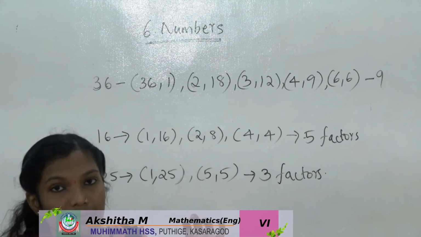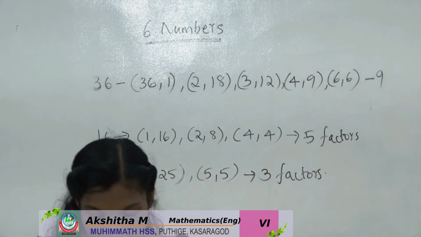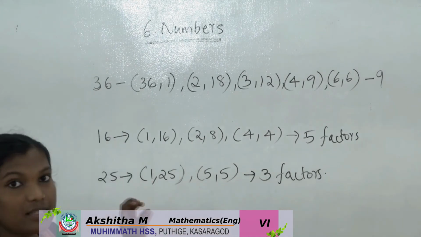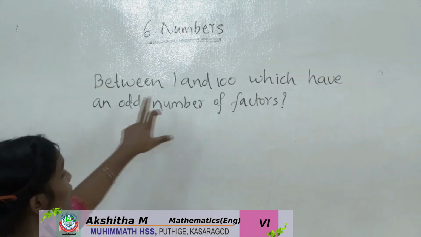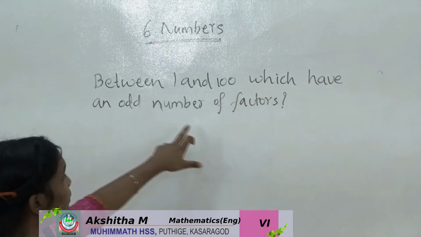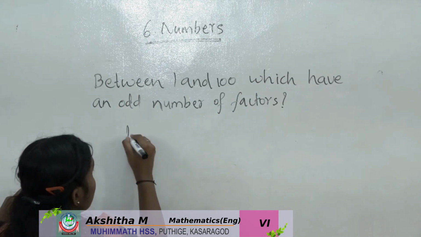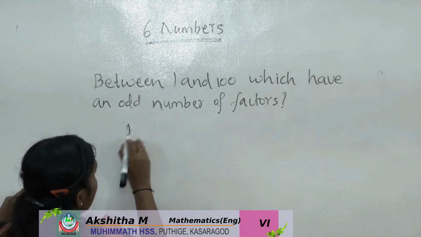Is it clear? Between 1 and 100, which numbers have an odd number of factors? Let us see that. 1 one is 1, right?